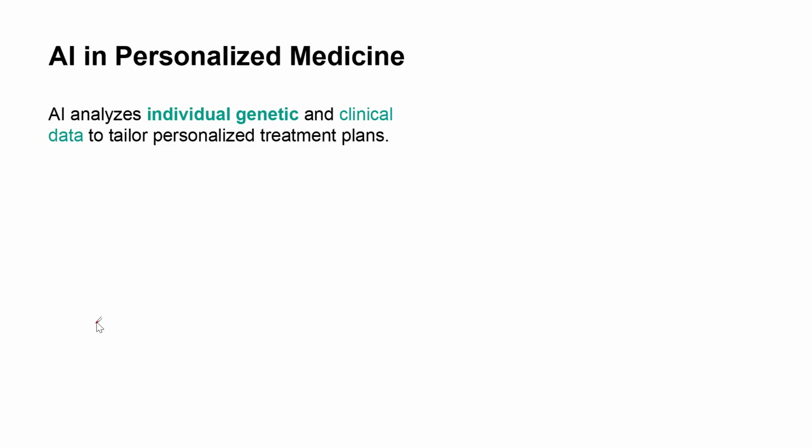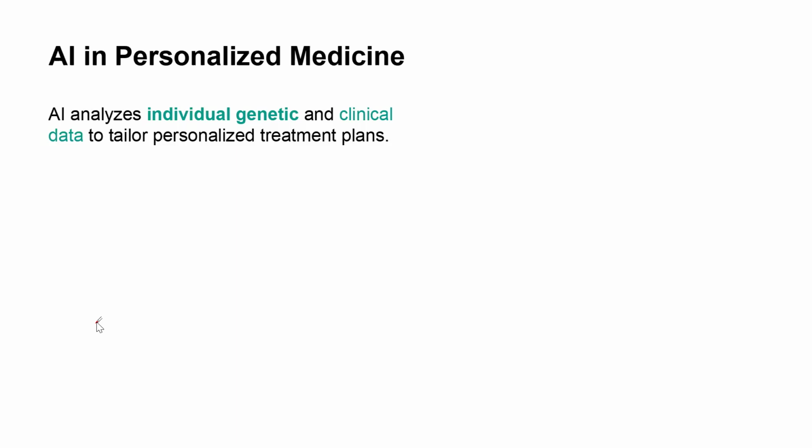So if you can use AI to analyze individual genetic data and clinical data, this can easily help to tailor personalized treatment plans. For example, if you are able to use AI to analyze my genetic data, from here you can easily apply a specific treatment to a particular individual. That is the meaning of personalized medicine or personalized treatment.